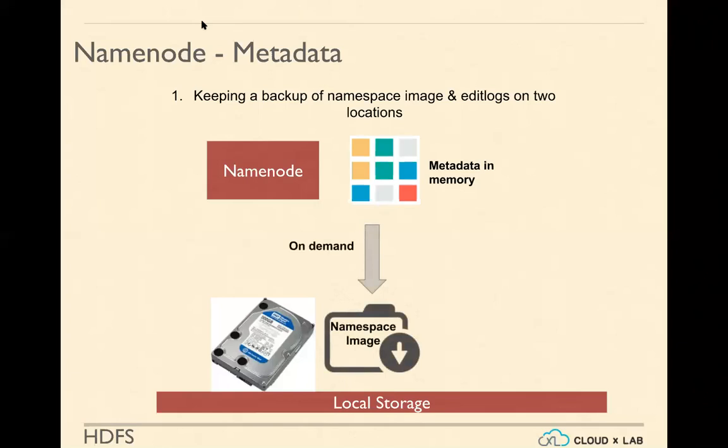On demand, in older versions of the name node, we could create the namespace image, which is kept in local storage. Periodically, as part of a schedule, we would create the namespace image and keep it in a folder. And from time to time, on every change, an edit log will be created.